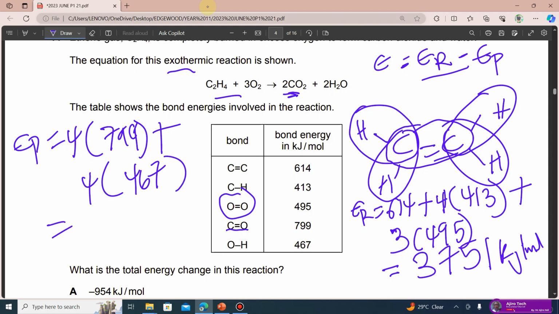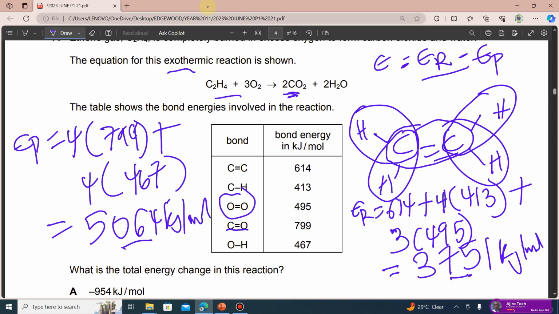So let's compute again: 4 into bracket 799 plus 4 into bracket 467. In this case I have 5064 kilojoule per mole. So we're going to use this and this now to compute our final answer.